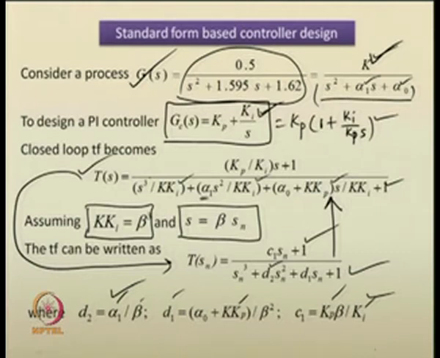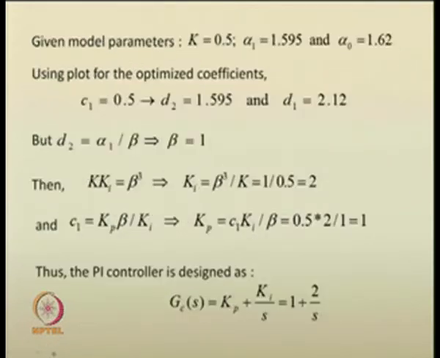So, using the optimum values of D2, D1 and C1, it is possible to use back calculation and get the design values for Kp and Ki. This is how one designs a controller using standard form.